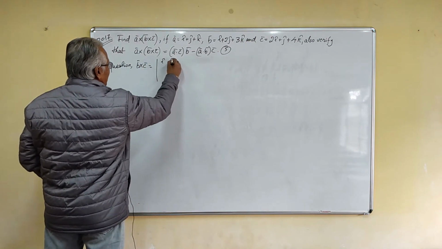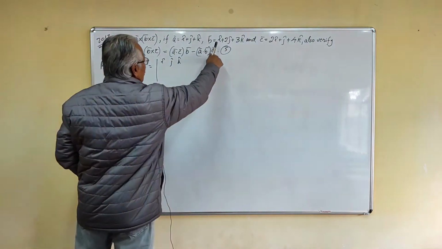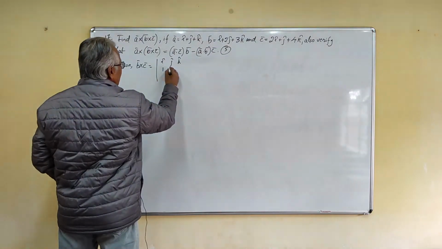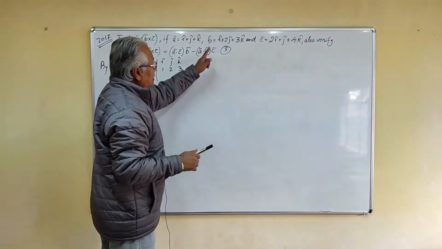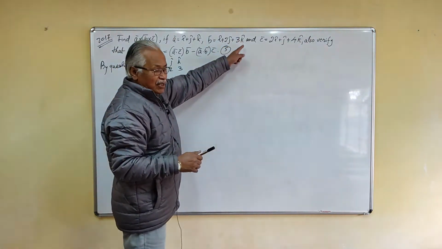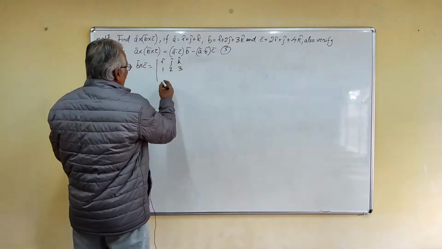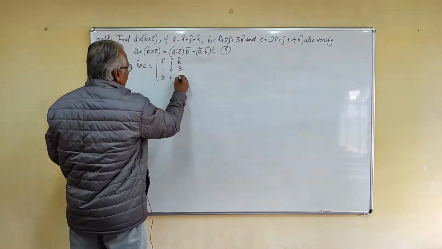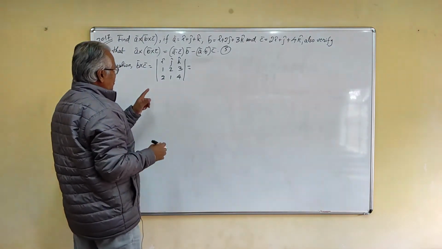I, J, K on the top, B has 1, 2, 3, because they are the coefficients of the unit vectors I, J, K respectively. And then C has got 2, 1, 4. So that's how you find the value of B cross C.